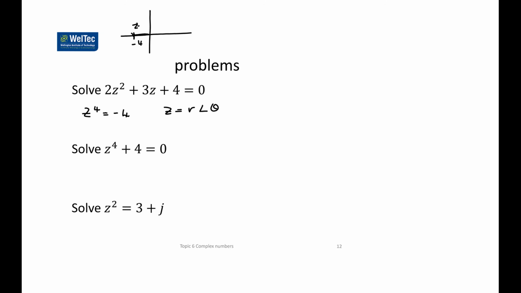So we could write z to the power of 4 as r to the power of 4 angle 4 theta. As a complex number, we could rewrite negative 4. Negative 4 is equal to negative 4 plus 0j, and writing that must be 4 angle pi plus iterations thereafter.